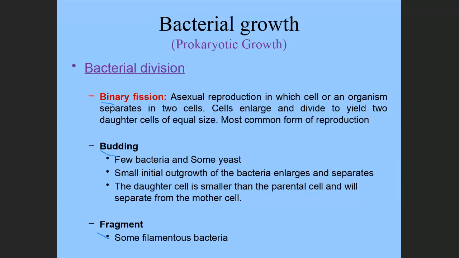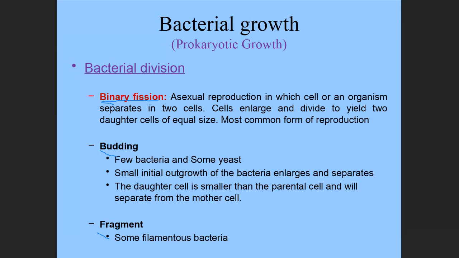But the most important way in which bacteria grow or reproduce is called binary fission. So if I ask you the way by which bacteria grow, at this stage, I am expecting you to talk to me about binary fission.